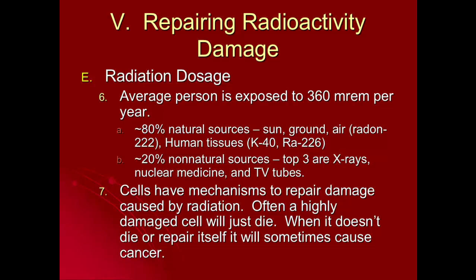Less chance for problems when they decrease that dosage. Nuclear medicine is radiation to test things, radiation to treat things. Those are part of your 20%. And TV tubes, but now that we have flat screens, we don't have that, which is great.